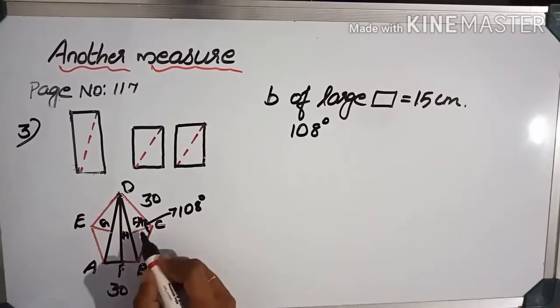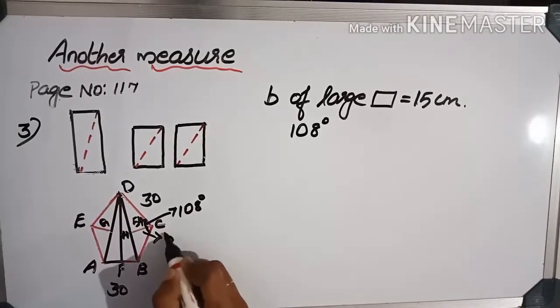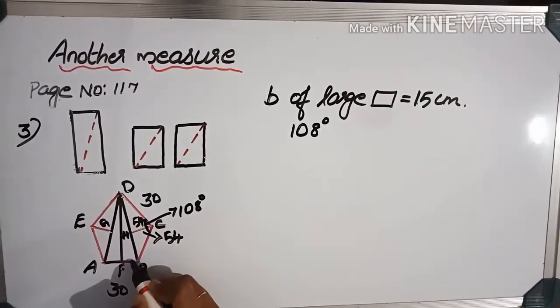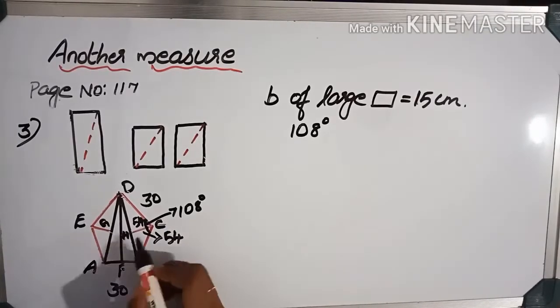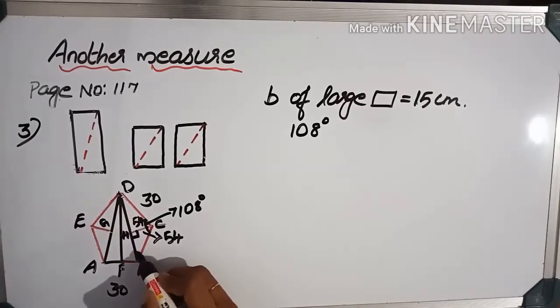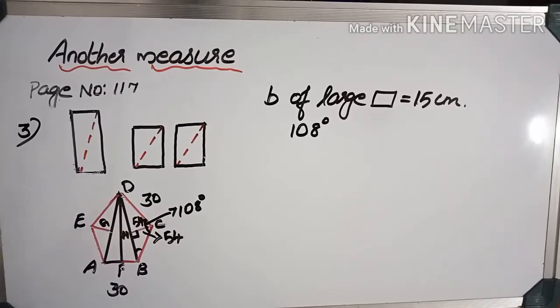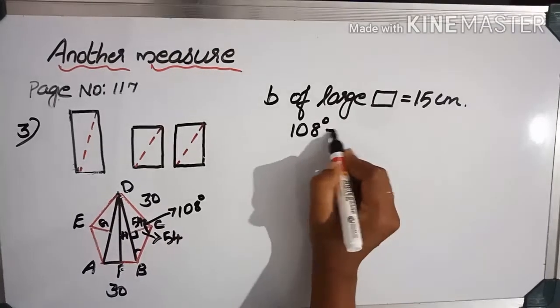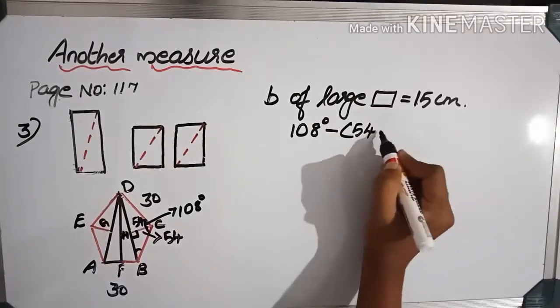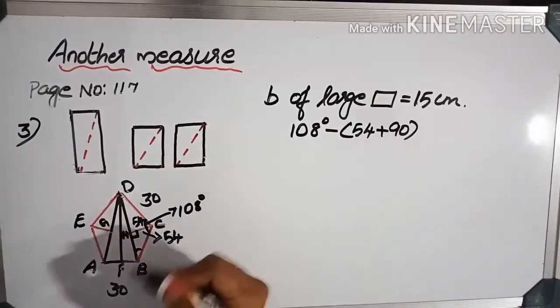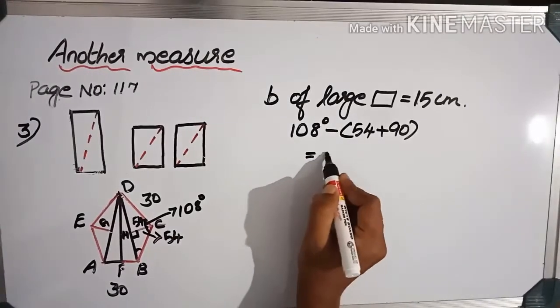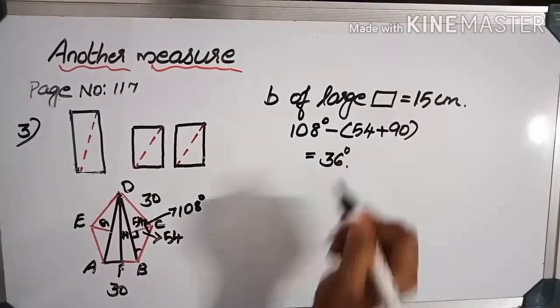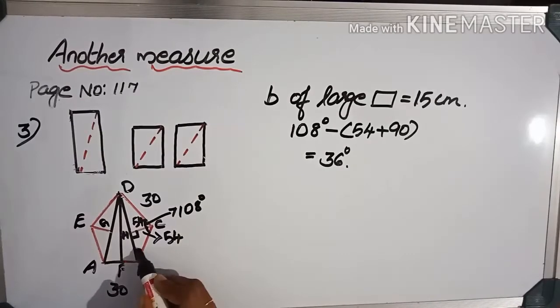So here 54 degree, here also 54 degree, total 108 degree, and this is 90 degree. So the remaining angle will be 108 minus 54 plus 90, so the answer will be 36 degree.